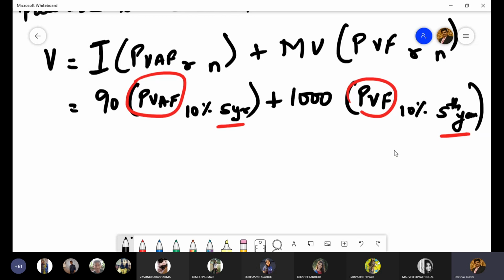Because we want 10%, so it will be 1.1. If we wanted 8%, it would be 1 divided by 1.08. If we wanted 15%, it would be 1 divided by 1.15, and so on. So we require over here for 10%, 1 divided by 1.1. How much did you get on calculator? 0.909090.